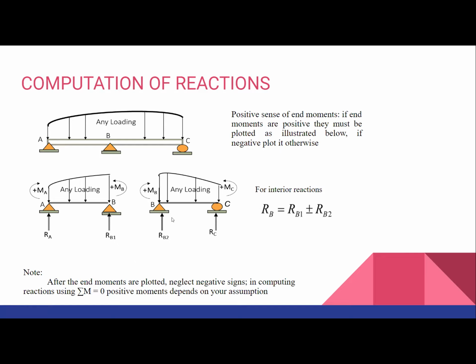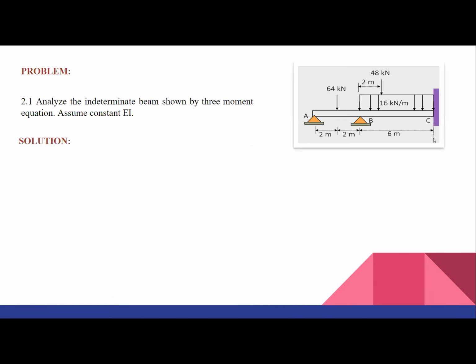So again, to best understand this, let's have an example. I already have here the solution, but to better explain the concept, I'll solve this manually first. So let me just share my other screen.